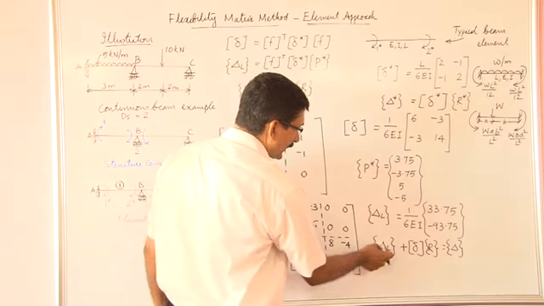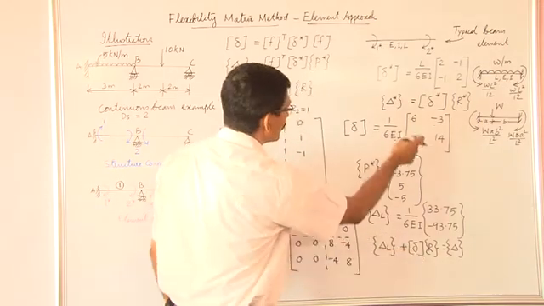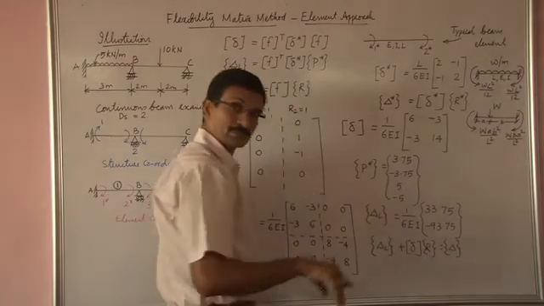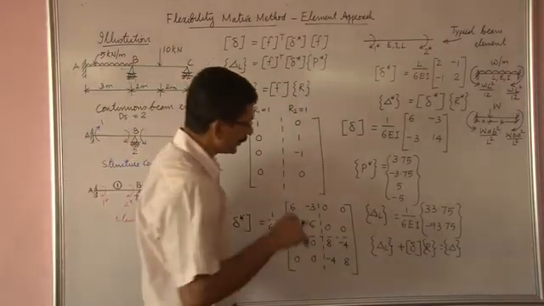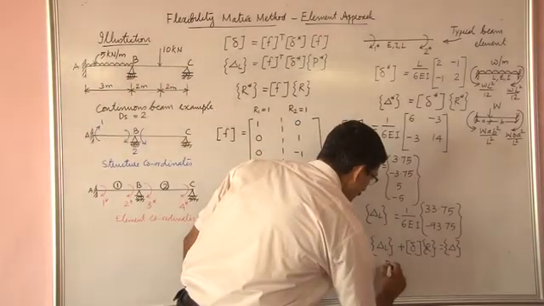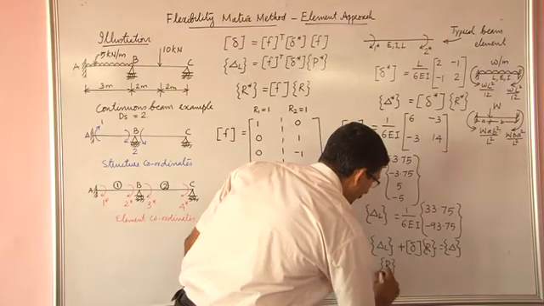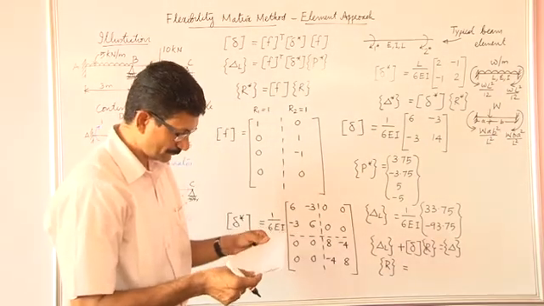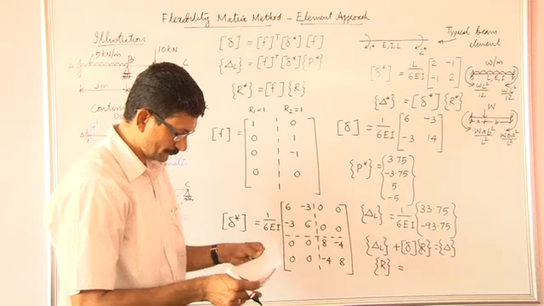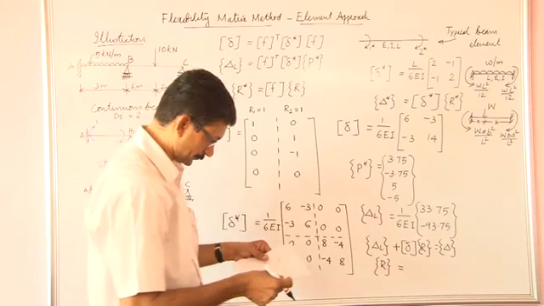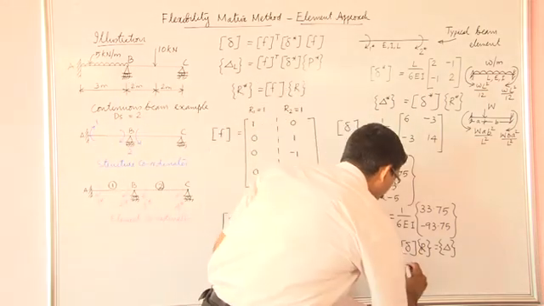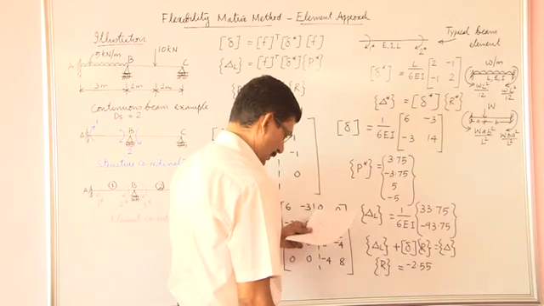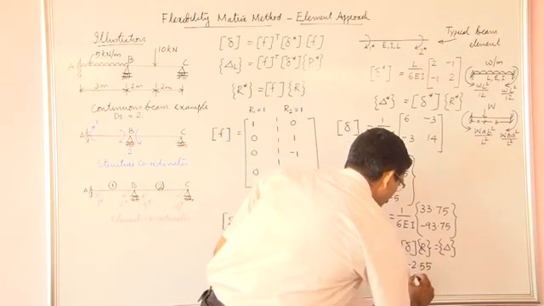We have delta L here, delta available over here, R is the unknown forces, and this delta will contain zeros because there is no support settlement. If you solve that, we are going to get R vector as minus 2.55 and 6.1.